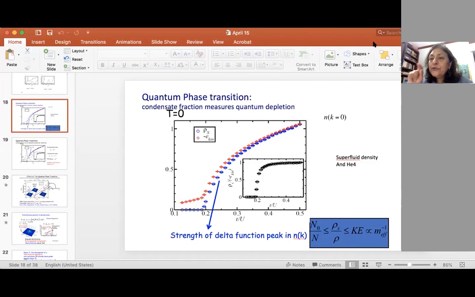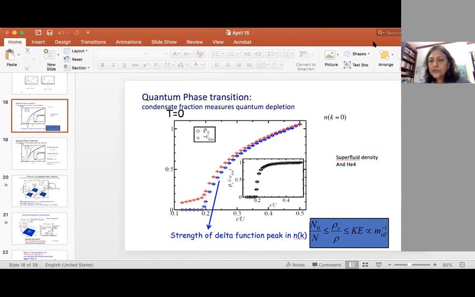But it's when you do an interference experiment that the phase coherence is revealed. That's the crucial thing. Quantum fluctuations are coherent. They will lead to interference effects where you can see that coherence. So that's the difference. I hope this part is clear. This is the single most important message to get through.